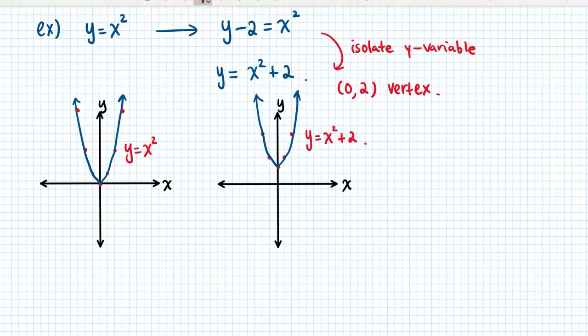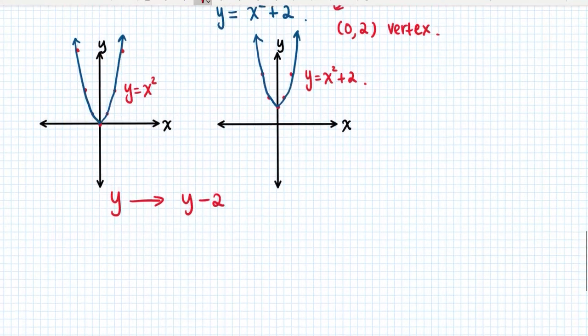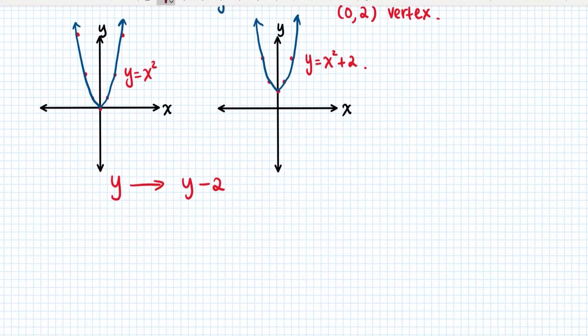So as you can see, the graph shifted upwards by this time 2 units, because 2 is subtracted from y. So that's that many units that we're shifting. So y is changed to y minus 2. The graph is shifted vertically, so vertical translation, 2 units, this time up.